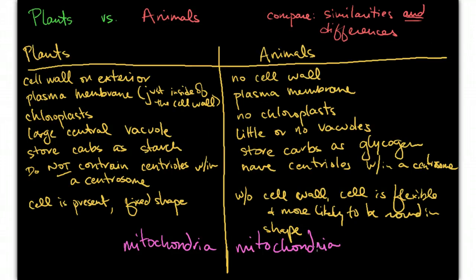They have lots of other organelles as well, like the endoplasmic reticula, the smooth and the rough. They both have Golgi bodies. So these IB would give you points for. IB would not give you points for things like ribosomes and nuclei. Yet those are things that are common between plants and animals.